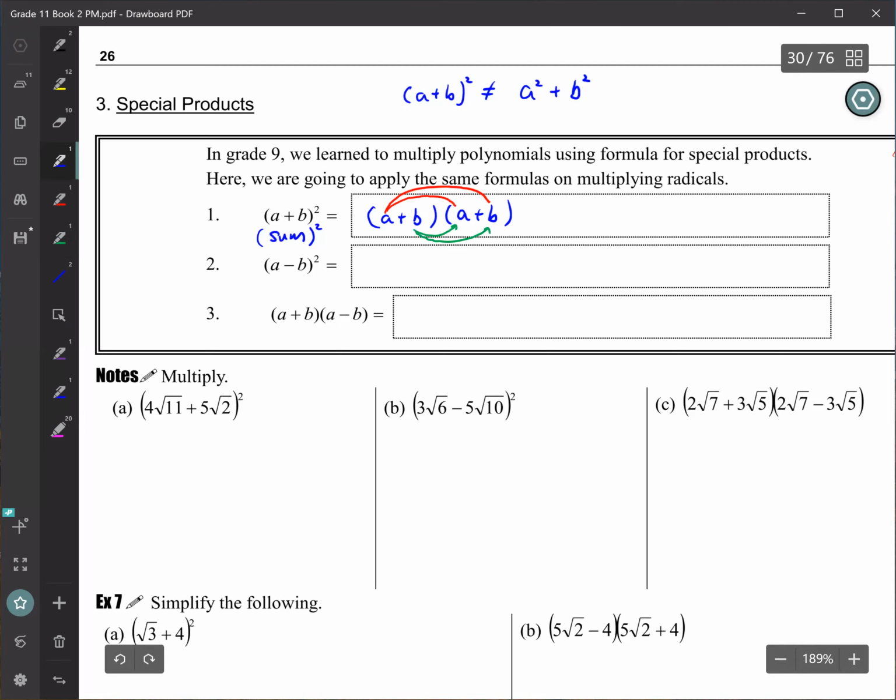Please expand and write your answer on the right side. When you're done, please raise your hand. I'll do the first one. A times a gives you a squared.